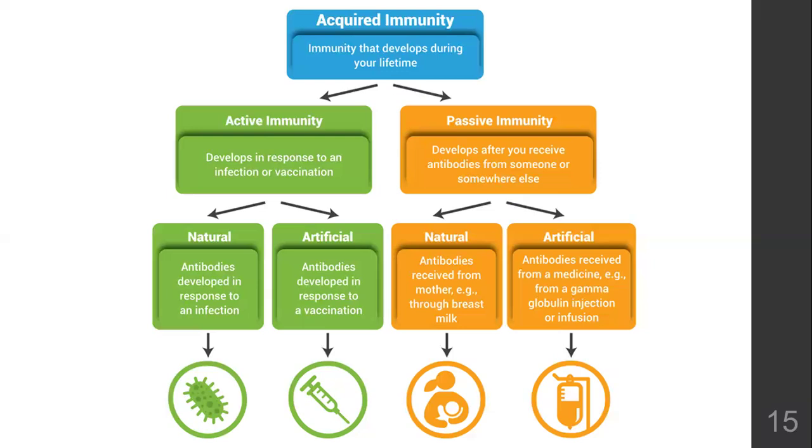In artificial, synthetically prepared antibodies in the lab are given to the patients who require them. So it's not a natural way. It's not that the natural antibodies are better than the artificial.